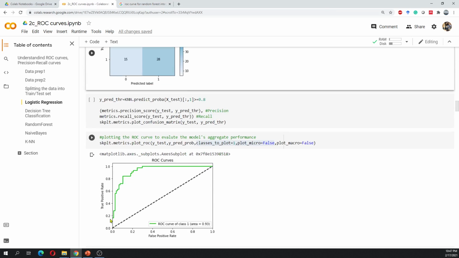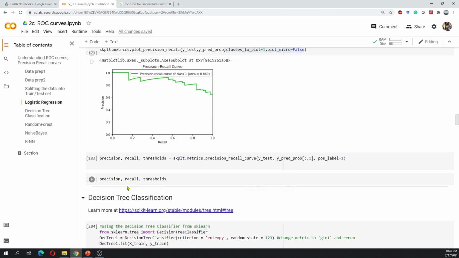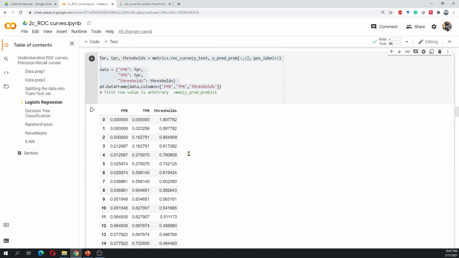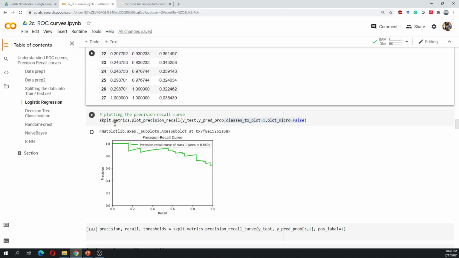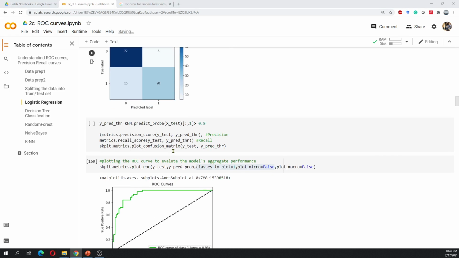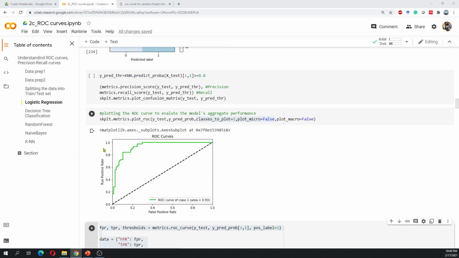So we saw here, let me run this again. It's calculating about 25 thresholds. So basically this plot is telling us how the TP and the FP look like at 25 different thresholds.